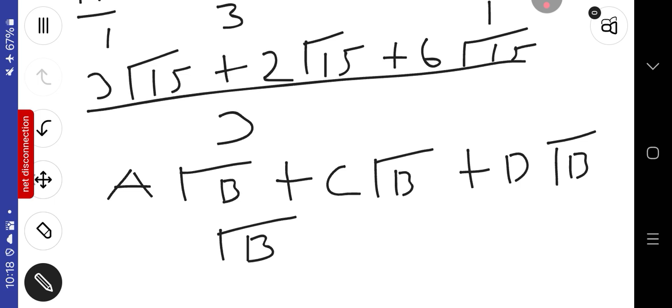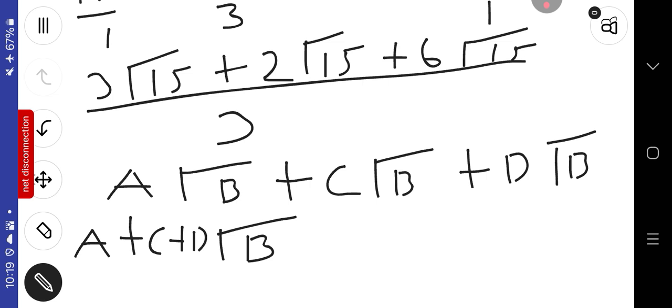Even if we had the square root of b 10 times, instead of 3 times, we still would have chosen one b. So we pick one square root of b, and then add what is in front of the square root of b. So the first one you're having a, the second one you're having c, the third one you're having d. Do you get me? So that is how we do it.